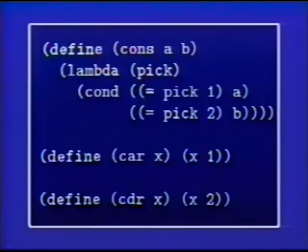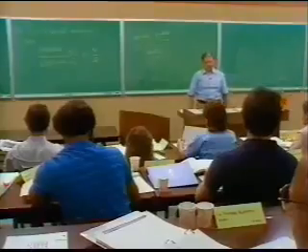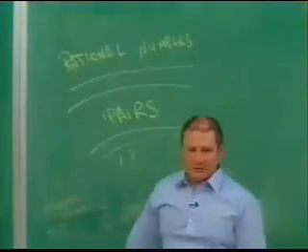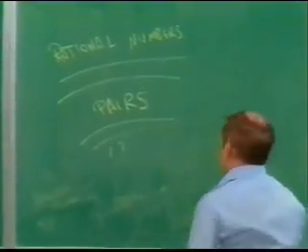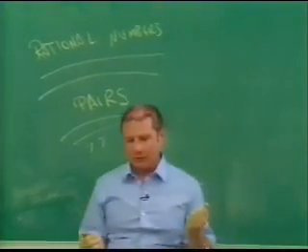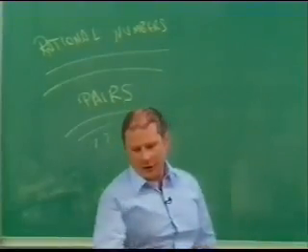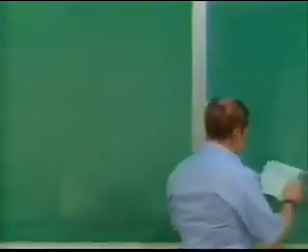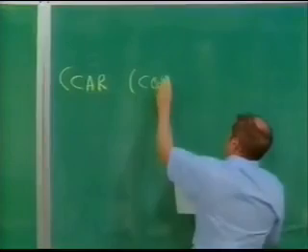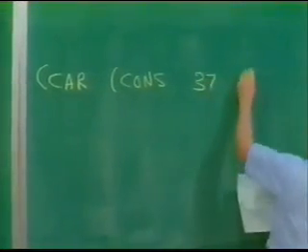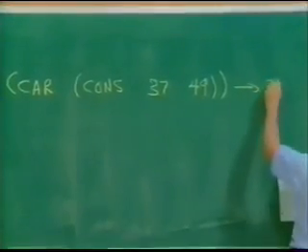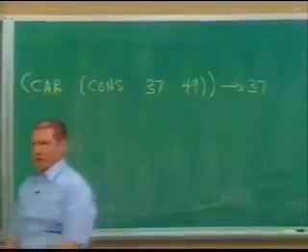Well, what could that possibly mean? Well, if you really believe this stuff, then you have to believe that in order to show that that's a representation for cons, car, and cdr, all I have to do is show that it satisfies the axiom. See, all I should have to convince you of is, for example, that car of cons of 37 and 49 is 37, for arbitrary values of 37 and 49.